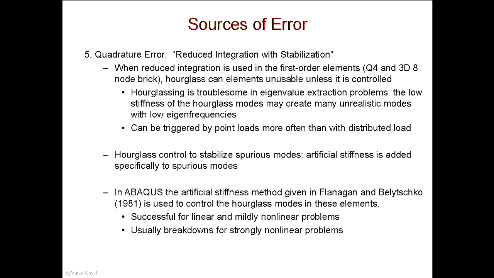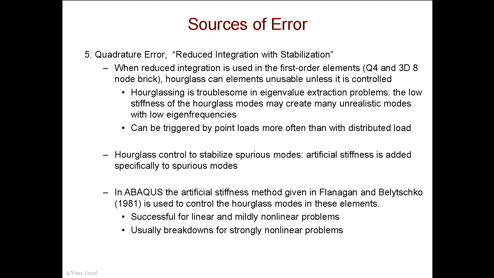Abaqus uses a formulation from a paper from Belichko in 1981. He came up with this. And so you guys can read that paper if interested, or just read Abaqus. It will give you some guidance on how to deal with hourglass control. My suggestion to you guys is to stick to full integration if you want to not have to deal with a lot of these things, but then keep your eyes open for the issues that full integration can also give you.